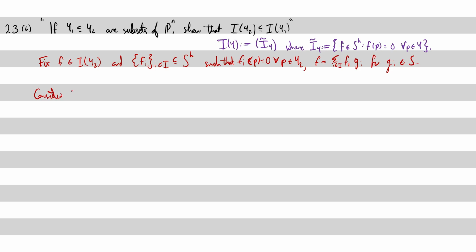Consider Q in Y1. fi of Q equals 0 for all Q in Y1, because Q is therefore within Y2.